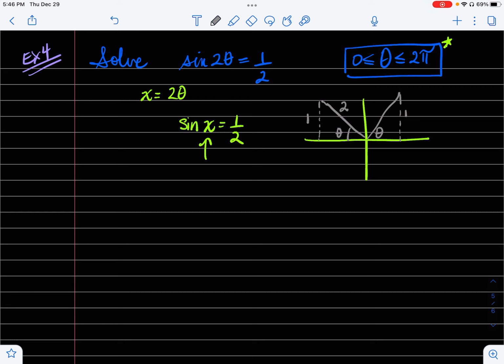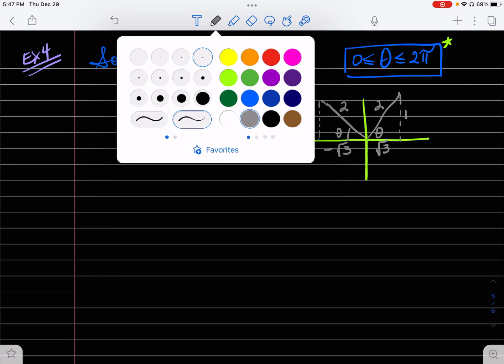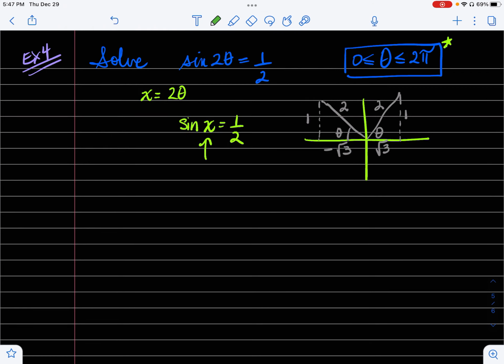Opposite over hypotenuse, which means the third side is root 3, and on this side it'll be negative root 3. Our job is to find all those possible angles. That's 1, which means this angle must be the 30-degree angle, which means x is equal to 30 degrees, which is pi over 6 in radians.